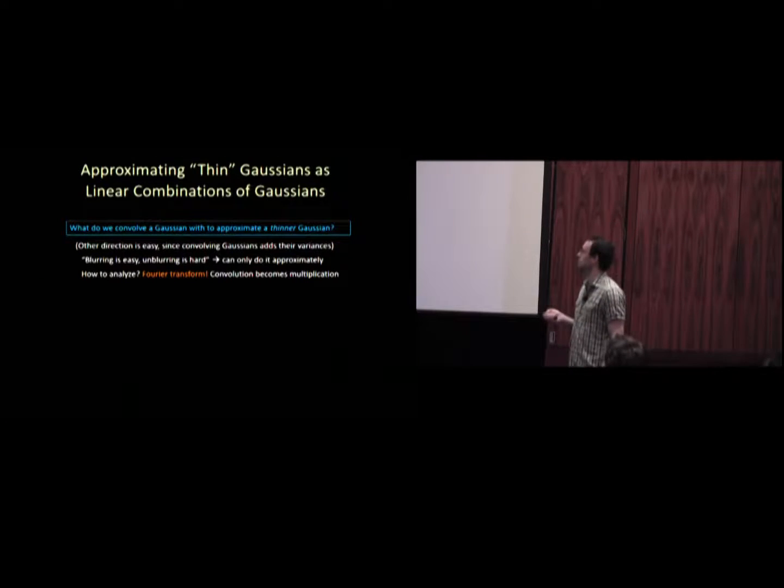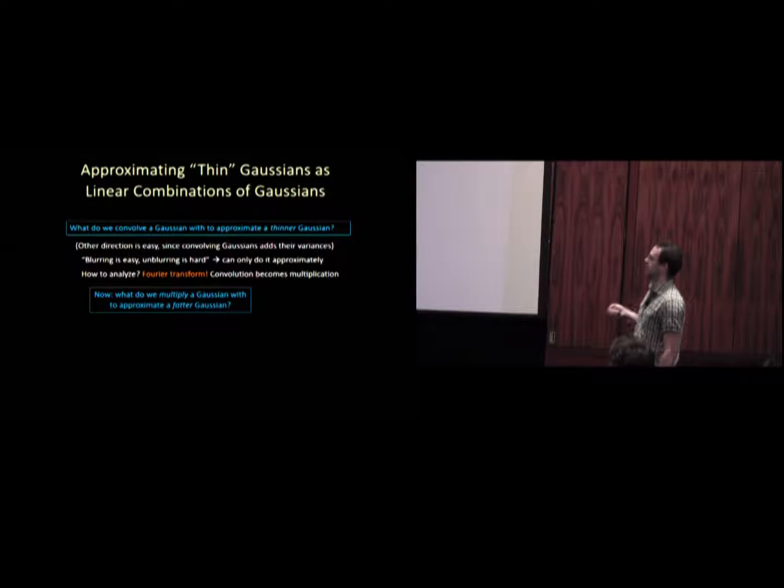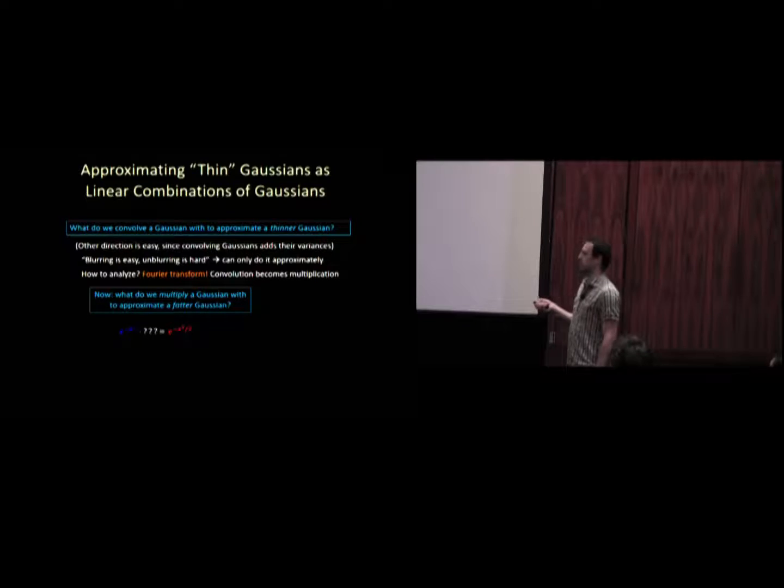Okay, so what do we convolve a Gaussian with to approximate a thinner Gaussian? Taking the Fourier transform of this sentence asks, what do we multiply a Gaussian with to get a fatter Gaussian? Thinner becomes fatter after taking the Fourier transform. So e to the minus x squared times what equals the fatter Gaussian e to the minus x squared over 2? If I phrase it this way, the answer is obvious.